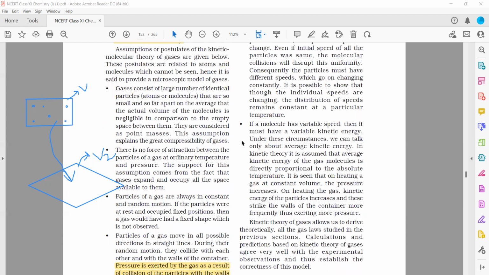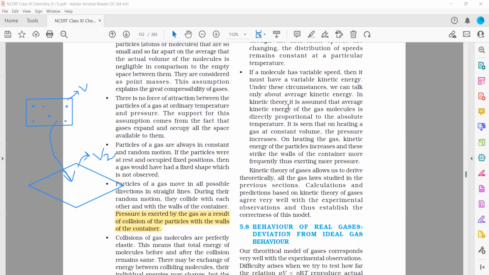Now, the last point. If the molecule has variable speed, then it must have variable kinetic energy. Under this circumstance, we can talk only about the average kinetic energy. So you don't talk about the kinetic energy of the gas; you always say the average kinetic energy of the gas molecules, because in that gas all the molecules have different kinetic energies.